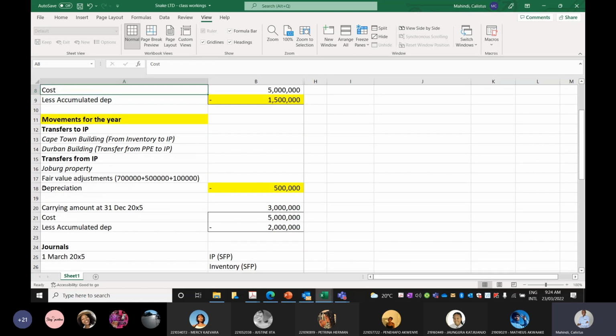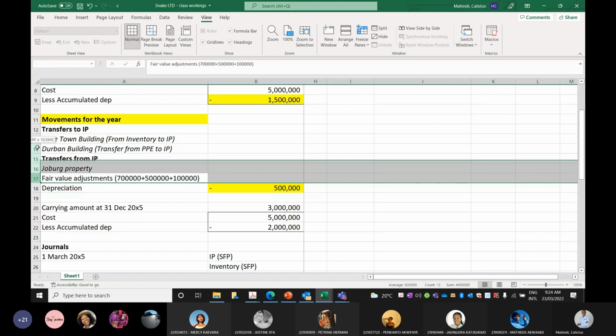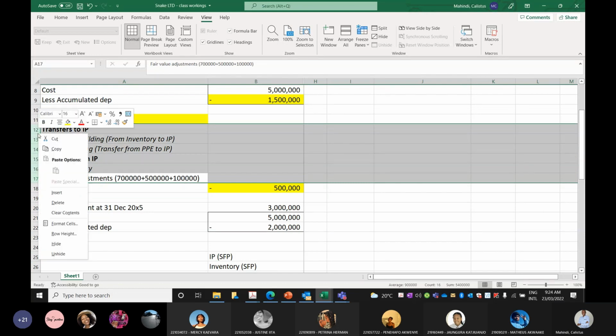I can just hide all of these. Okay, so let us look at the property. We started with the cost of 5 million.